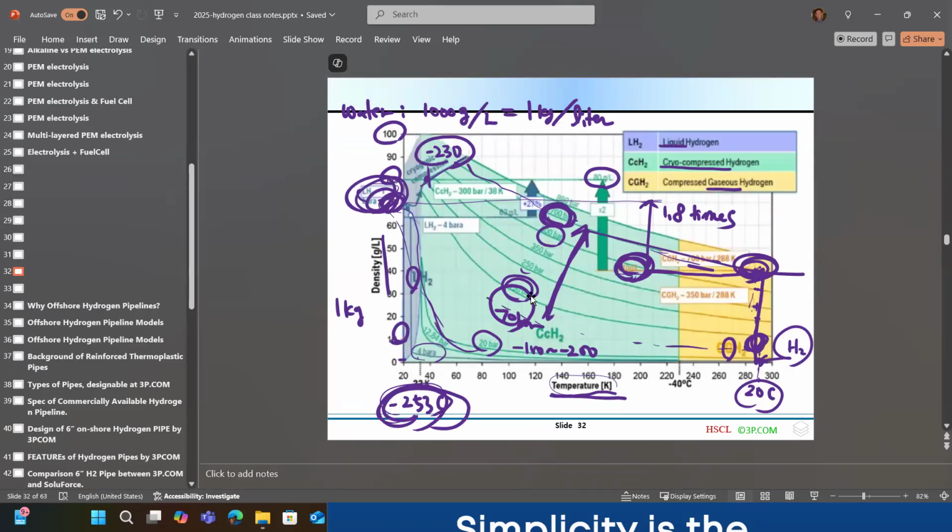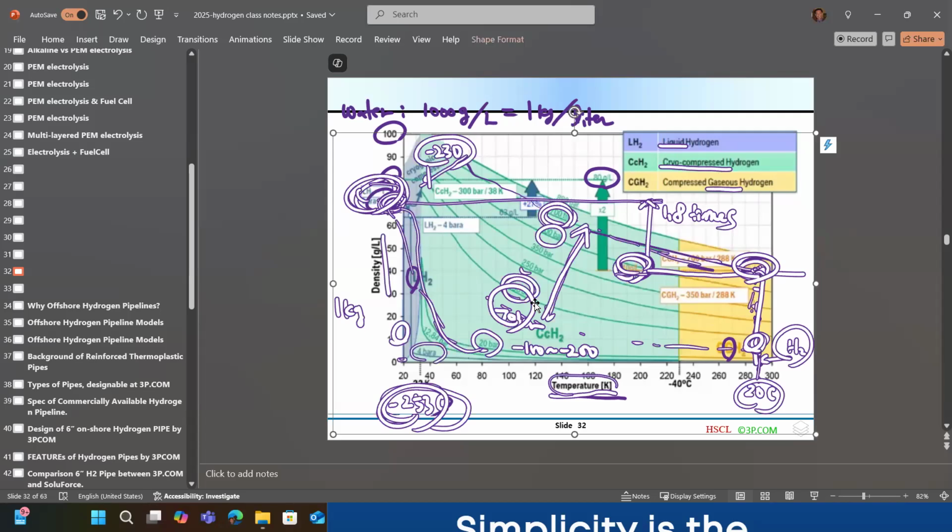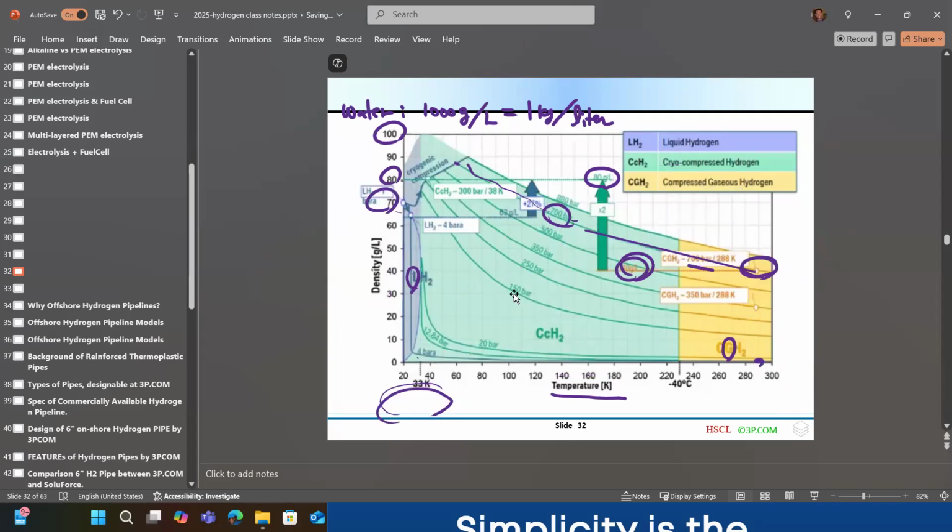Okay. Here it's 150, and 70 is about here. So the density will be about 10 gram per liter.